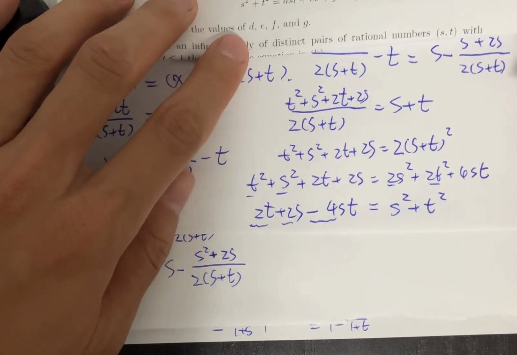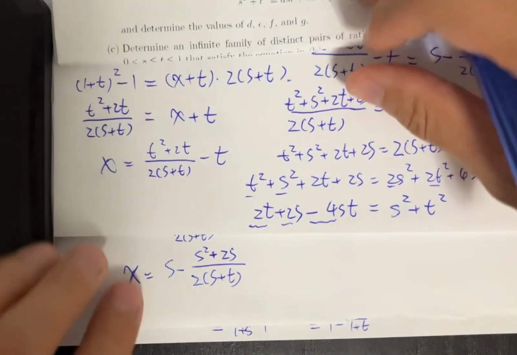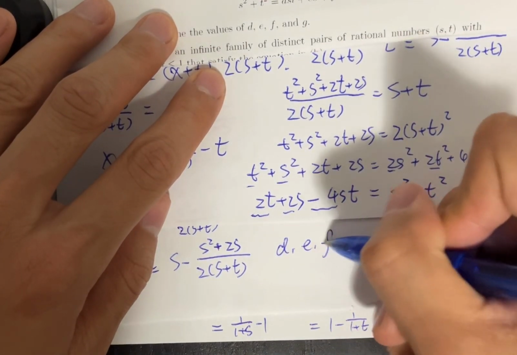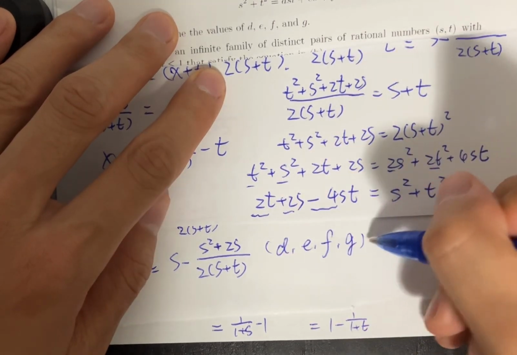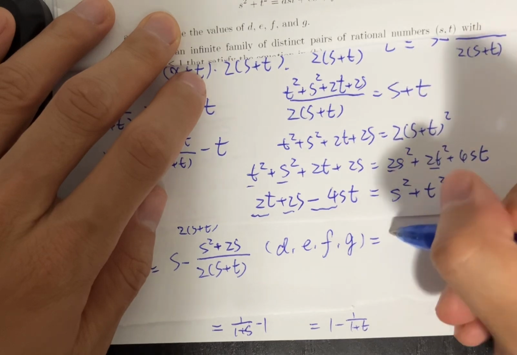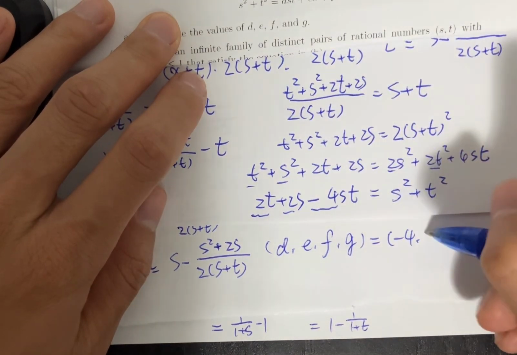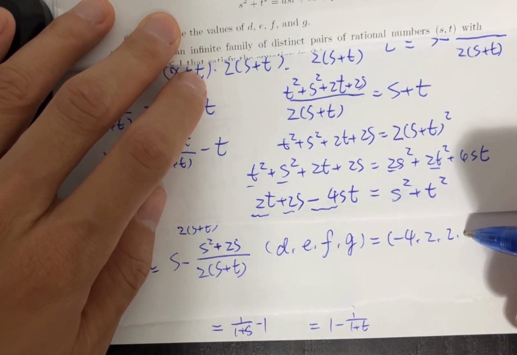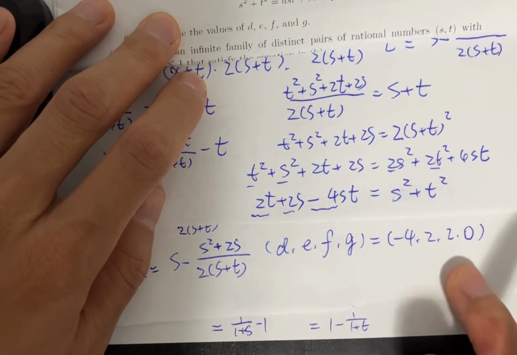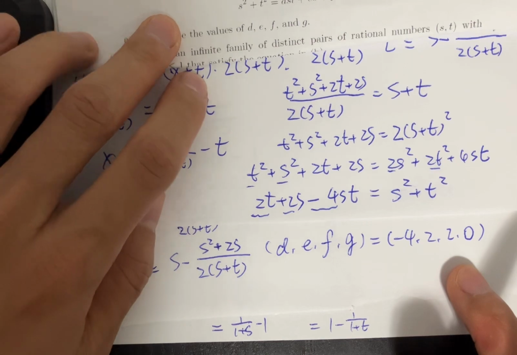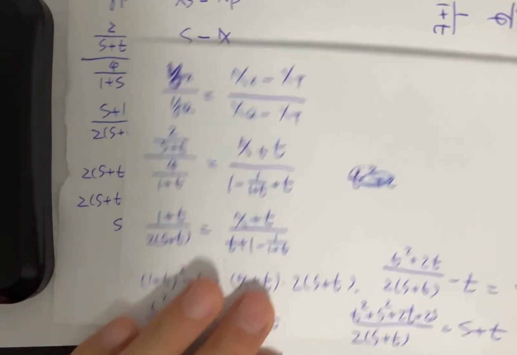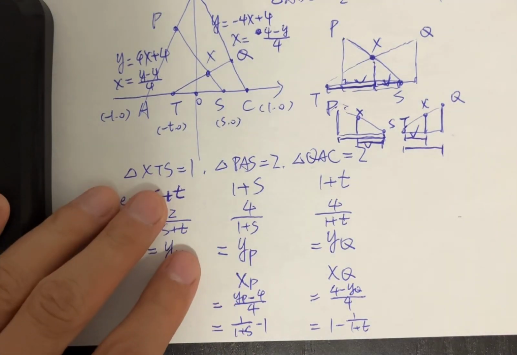So let's write them down. D, E, F, G are, what is D again? Something st, -4. What is E? 2, and finally, the constant, there's none, 0, respectively. This is the answer to B, and this is the solution, like 3 pages.